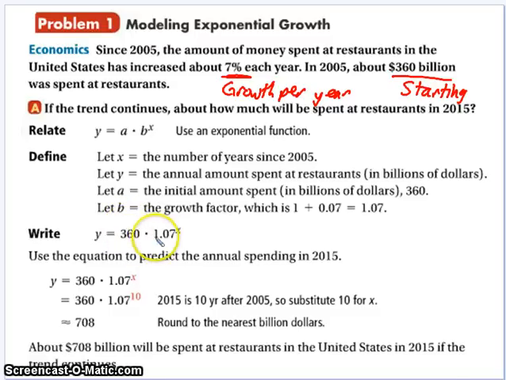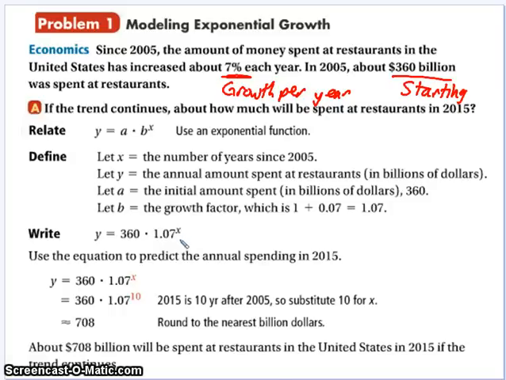And then this B, 7%, is 1 plus 0.07. It's growth, so it's going to be higher than 1, or 100%. So B is now 1.07 to the power of x. A is the starting point, in this case 360 billion spent in 2005, and this is the growth rate taken to a power of x.